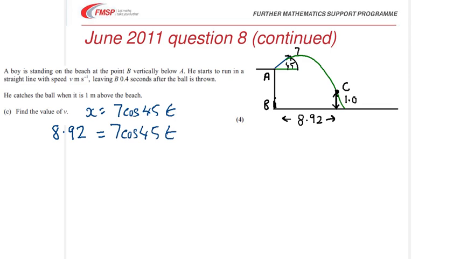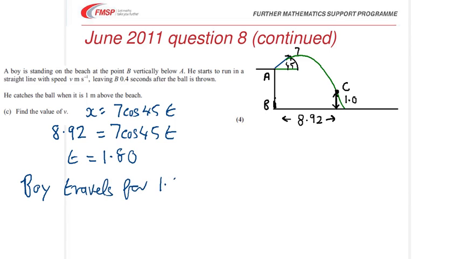If you just calculate t from that, you get t is 1.8. So if t is 1.8, the boy travels for 1.4 seconds, because he doesn't start running until 0.4 seconds after the ball is thrown.